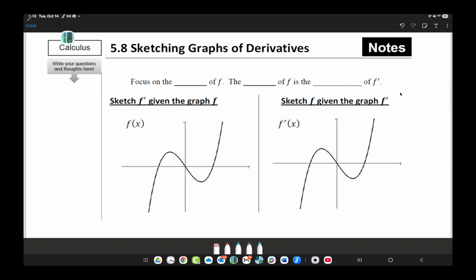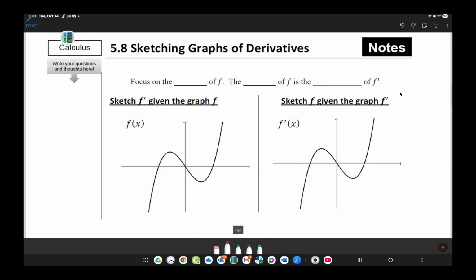The idea of what we're going to do is we are going to try to either graph a derivative function or graph the original function if we're given the derivative. Okay? Now, graphing a derivative function isn't really that bad. The real challenging part is doing it backwards. Okay, and I'll explain in a moment why that is.